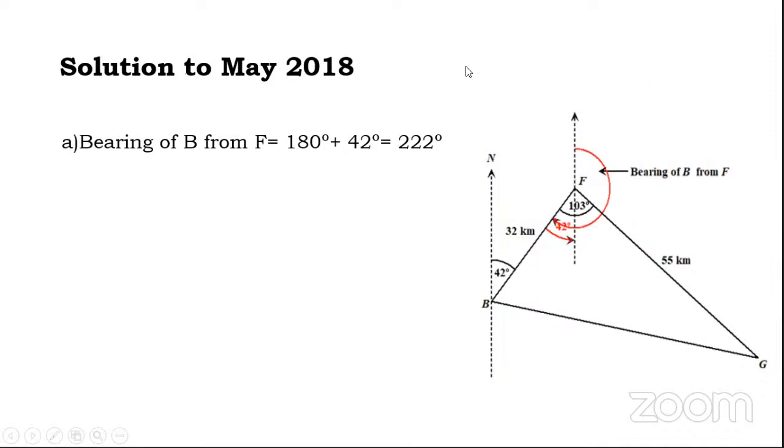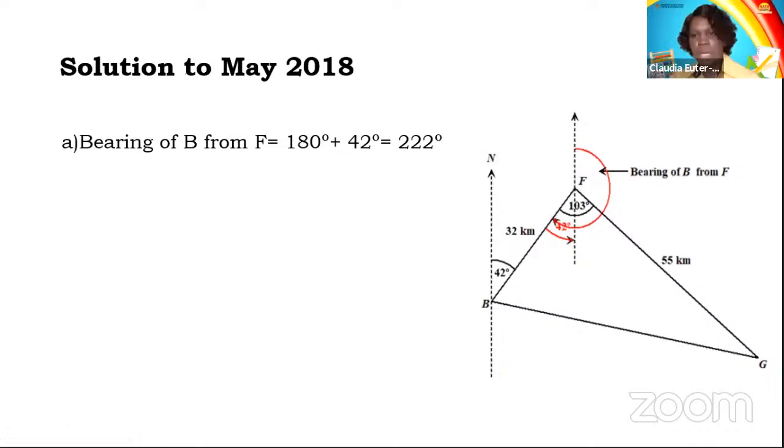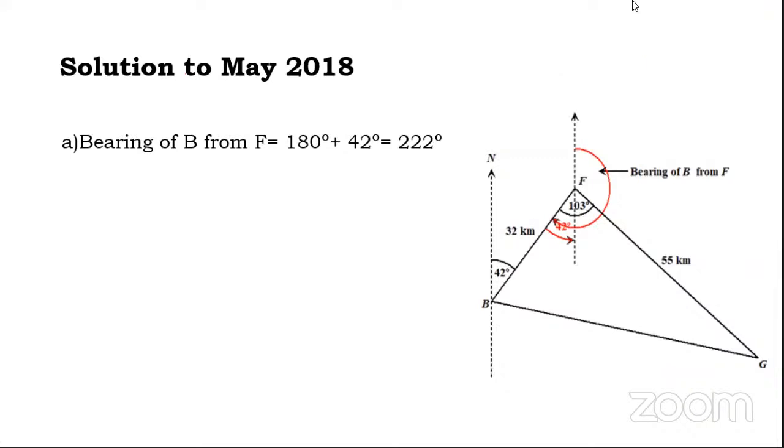I'm seeing Ashanti saying sine rule. Anyone else? Remember, when you are using the sine rule, you have to be given a pair. Dana is saying cosine. Remember, that is why we show you a visual.